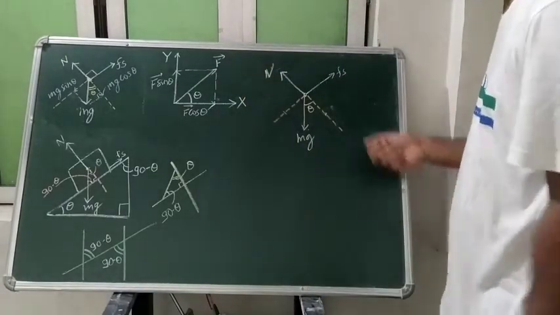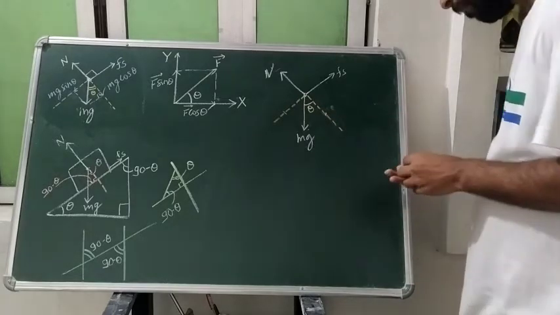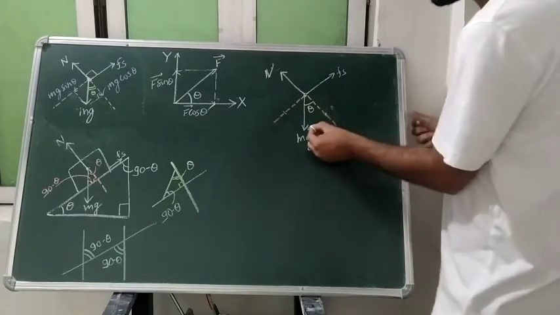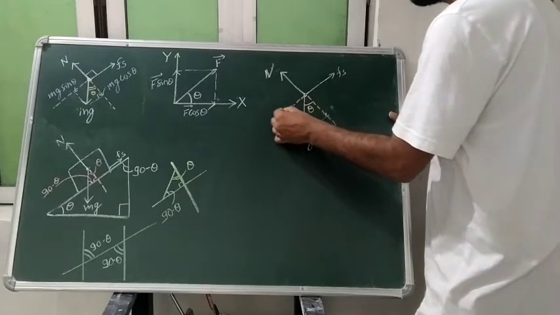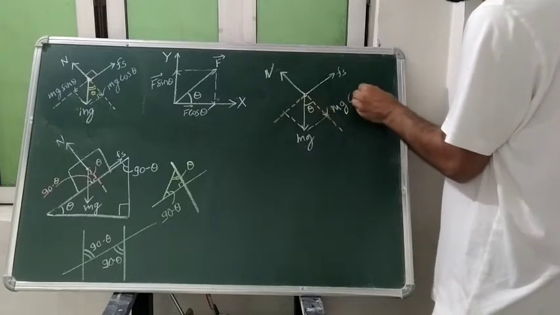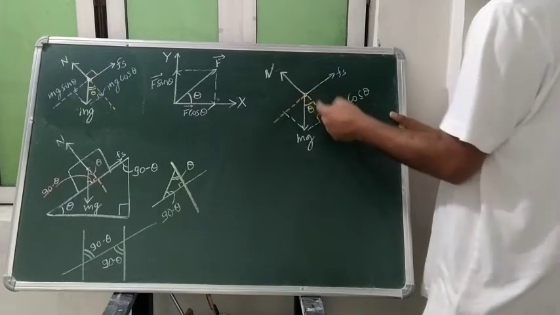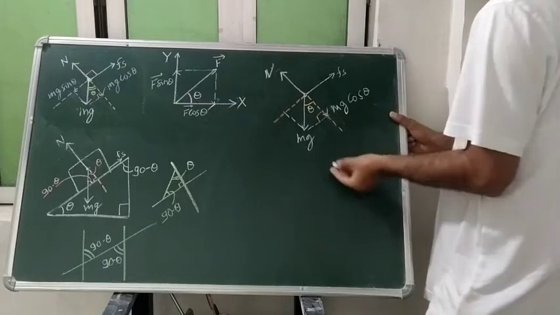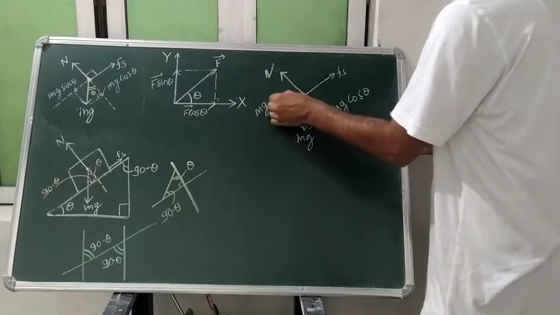I was saying we can guess that this one will be our theta angle. If we assume that this is our theta angle, then we will get mg cos theta here, since it is our 90 degrees. So this mg cos theta becomes the base, the side on which two angles are formed. So mg cos theta comes this side, and mg sin theta comes this side.